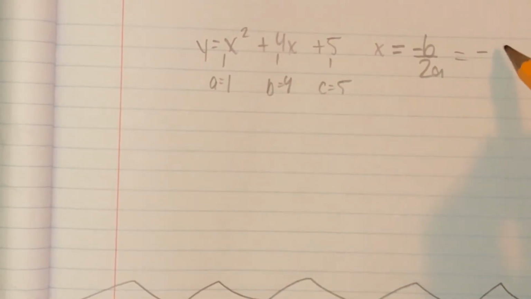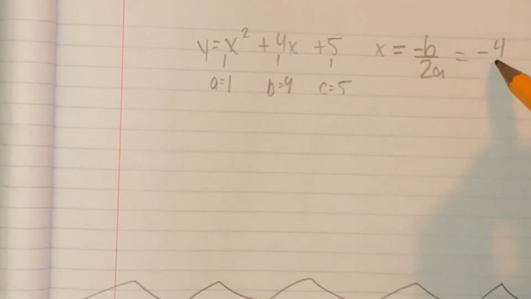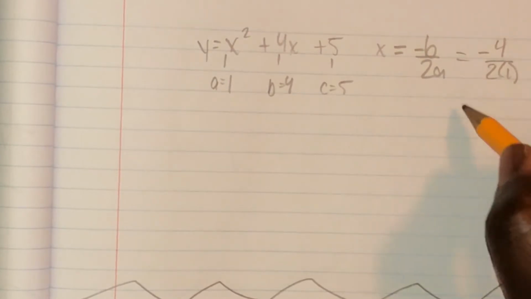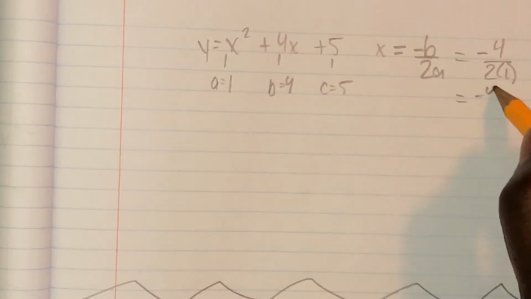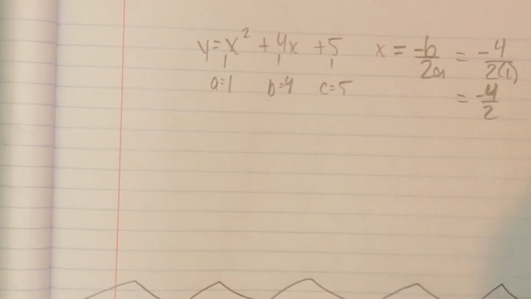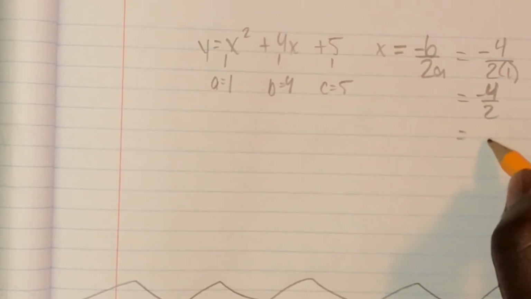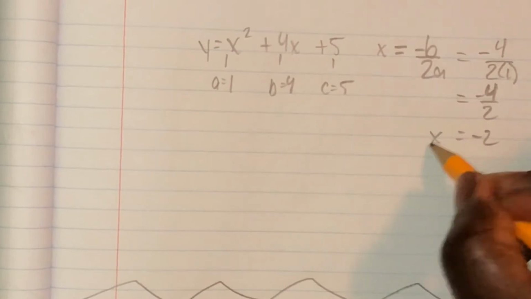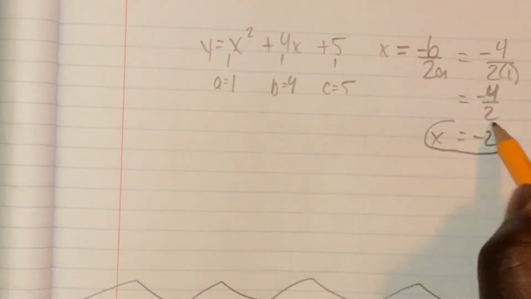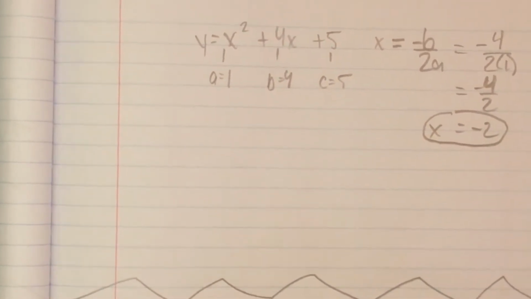So it's negative 4 over 2 times 1. Okay. So it's negative 4 over 2. Which is just negative 2. That is the x value of my vertex.